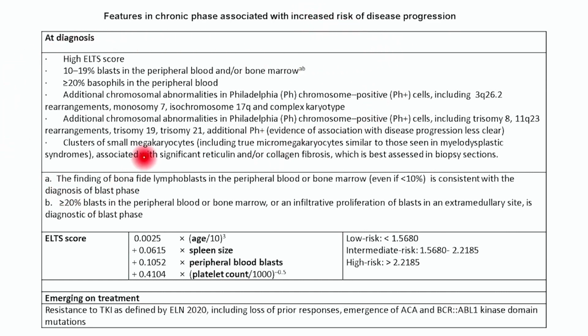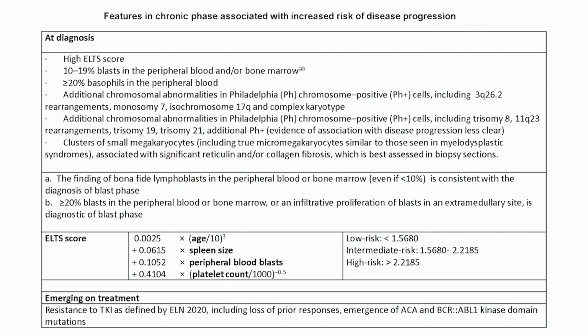We have what they call high-risk chronic phase CML. At diagnosis, this means increased blasts up to 19%, or more than 20% basophils, or additional chromosomal abnormalities in the cells carrying the Philadelphia chromosome, or dysplastic changes in the megakaryocytes, such as micromegakaryocytes as seen in MDS, or fibrosis.